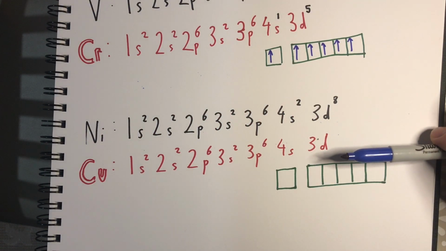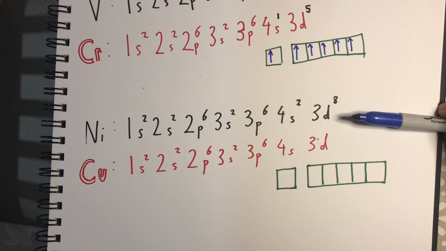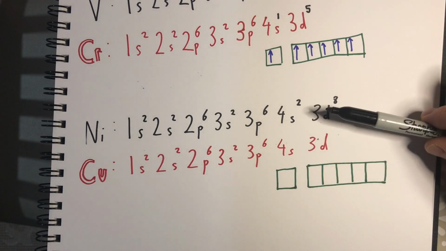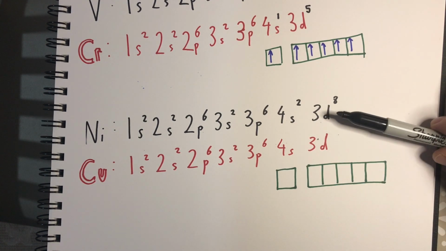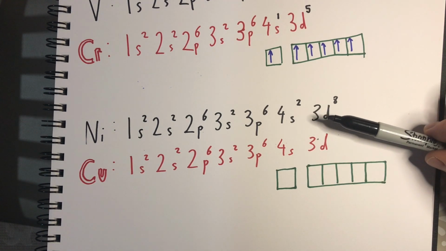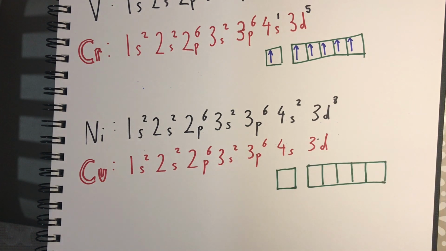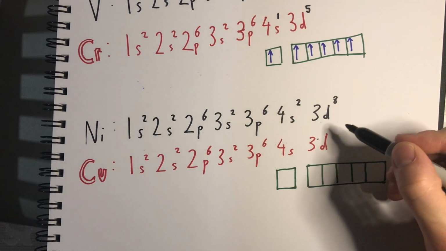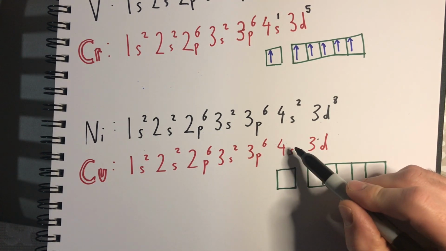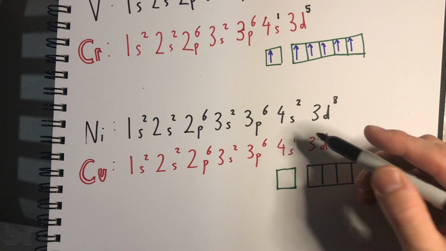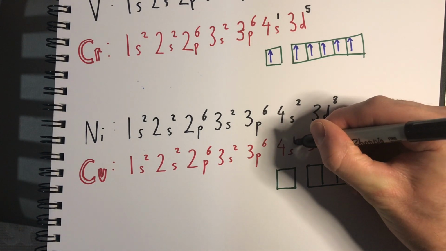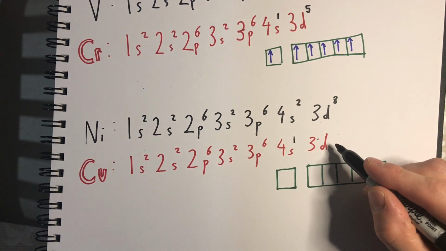Again, I've compared copper with its previous element in the periodic table, which is nickel. So if we go one more electron from nickel, we would expect the arrangement to be 4s2 3d9 for copper. Again, that's not exactly what happens. We get the situation where one of the electrons from the 4s is promoted, added to the 3d subshell.